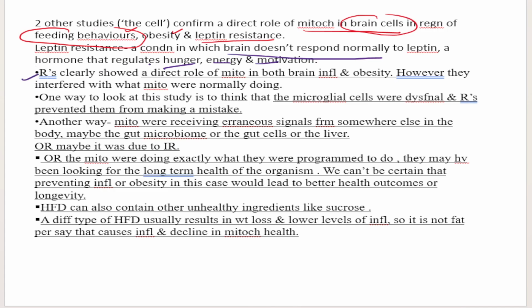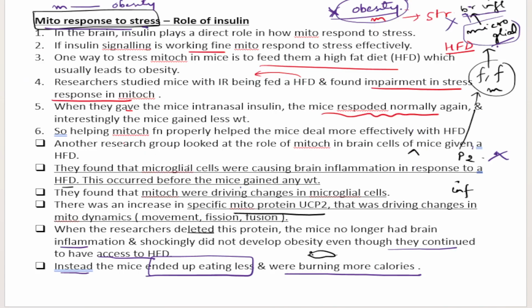Now researchers showed a direct role of mitochondria in both brain inflammation and obesity. We just saw how the mitochondria are playing a direct role.